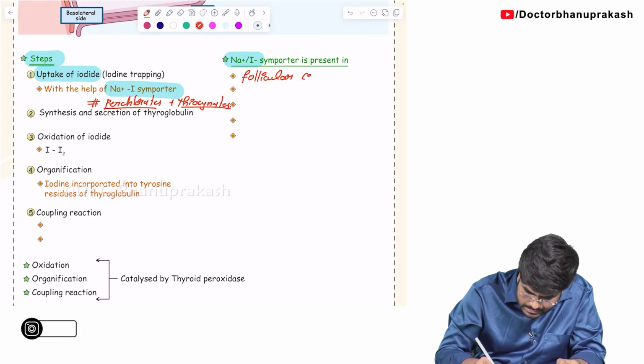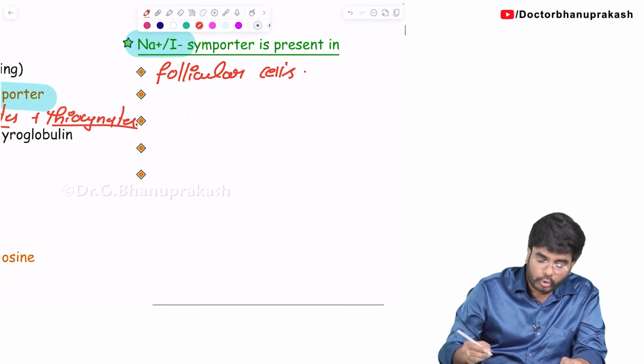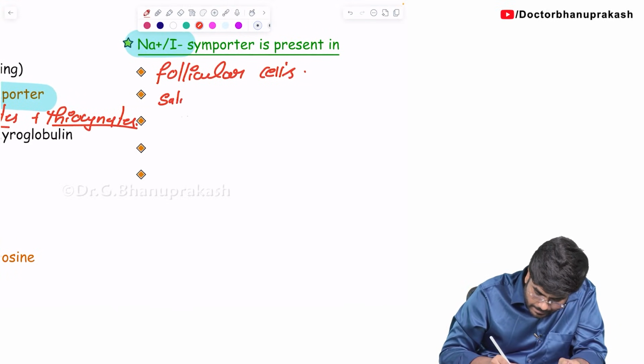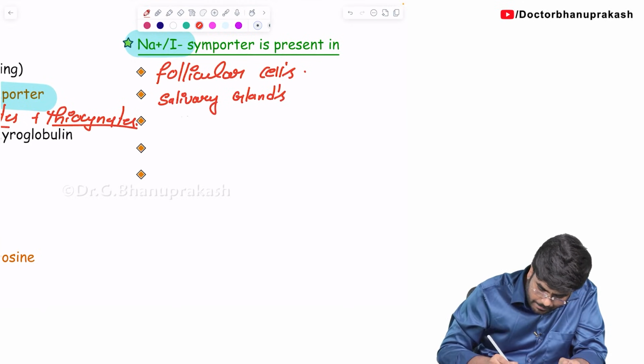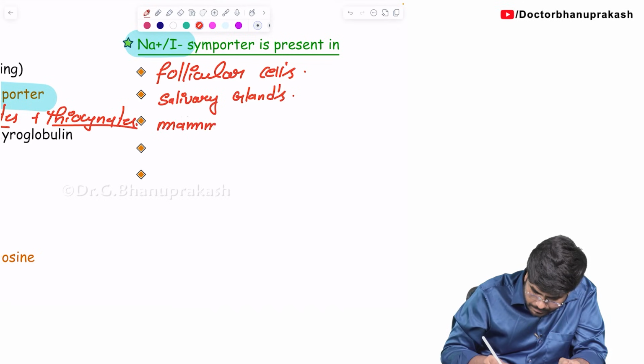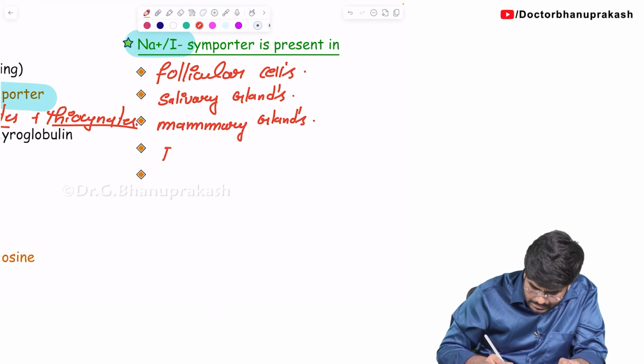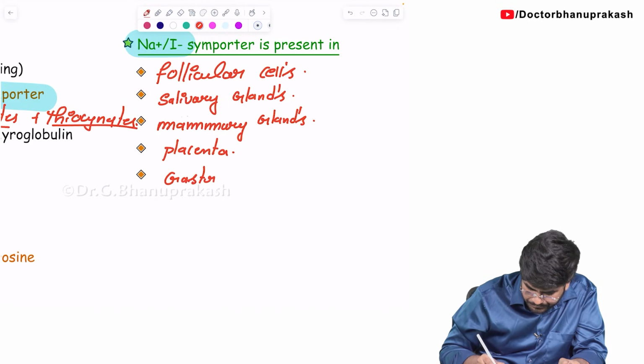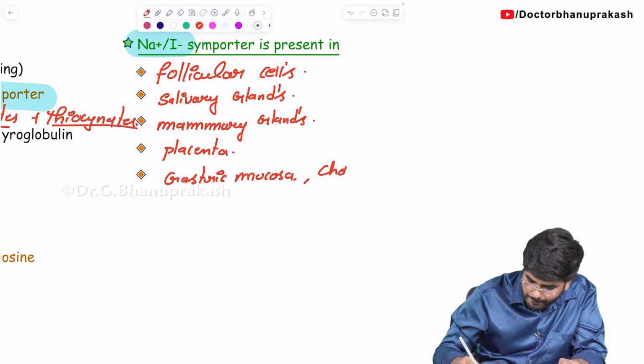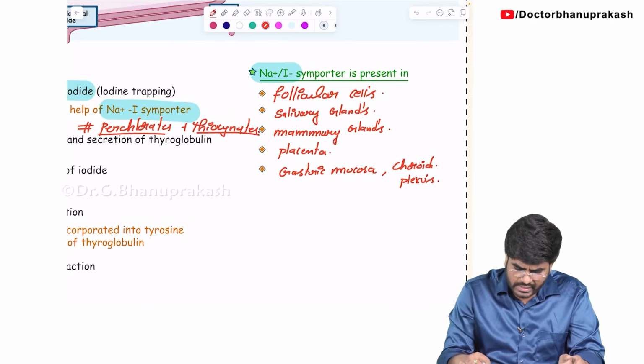Not only that, salivary glands, especially parotid salivary glands, mammary glands, placenta, gastric mucosa, choroid plexus, ciliary body, etc. These are the important things which I want you to know.